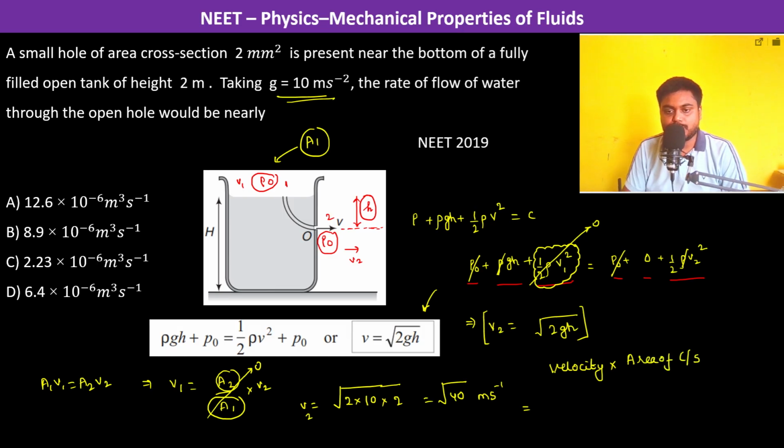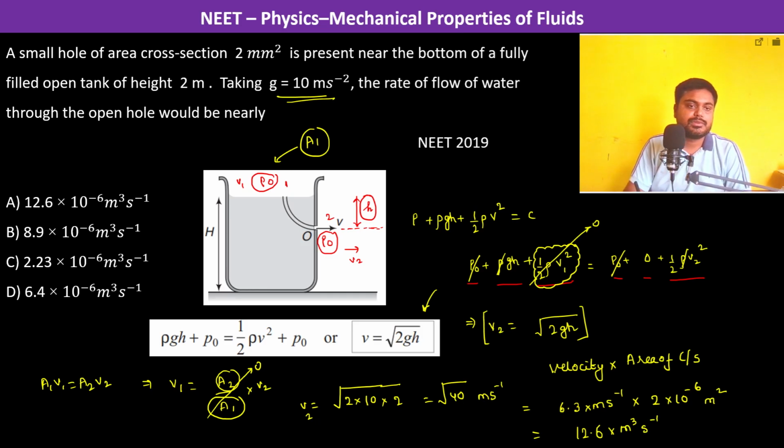So this is equal to root 40, which is around 6.3 meters per second, into the area of cross section, which is 2 into 10 to the power minus 6 meters squared. So this is equal to 12.6 meter cube per second, and of course into 10 to the power minus 6 is there. Therefore option A is going to be the correct one.